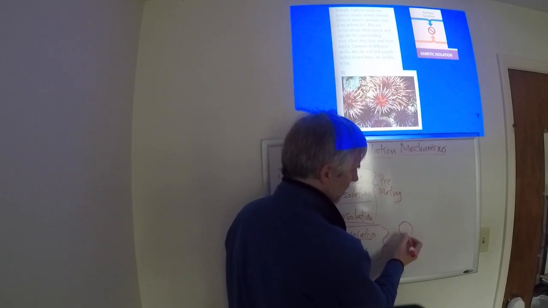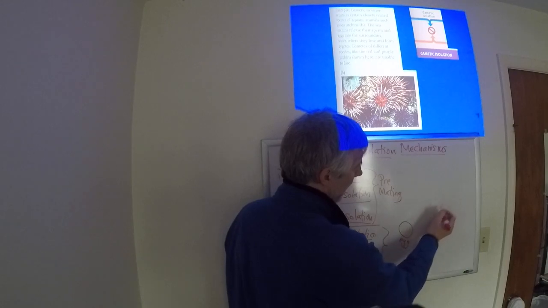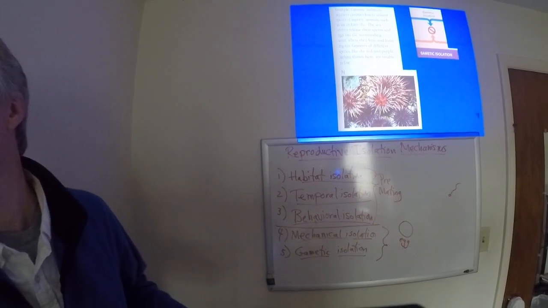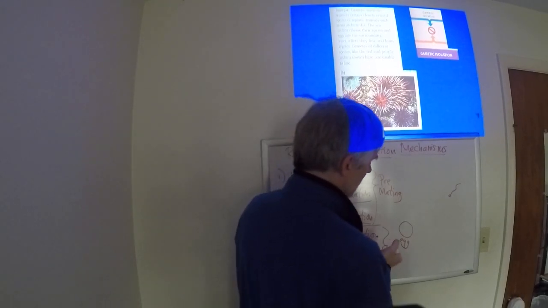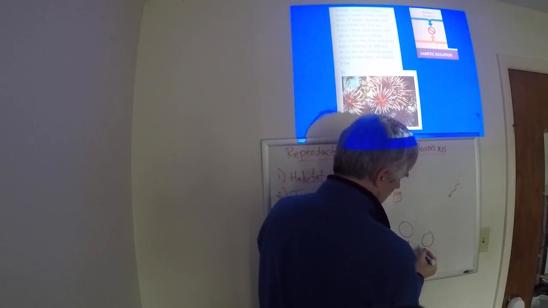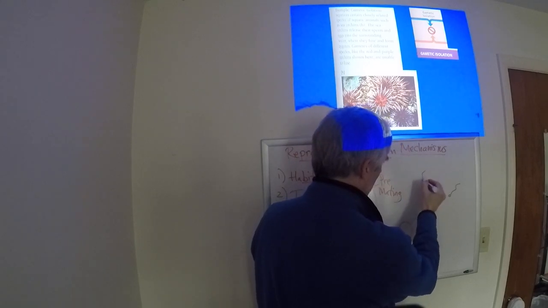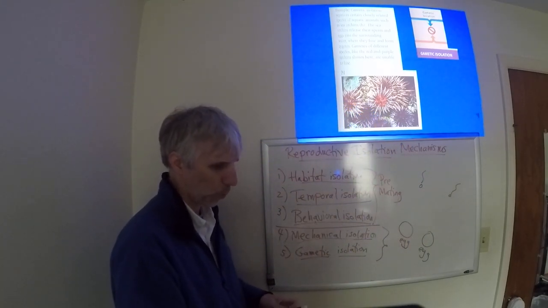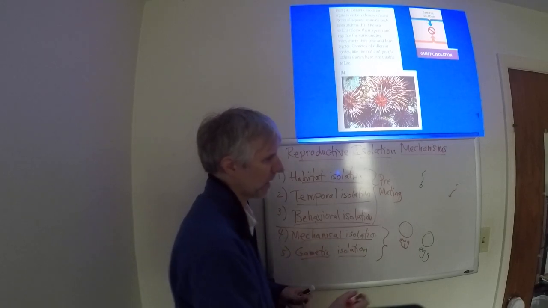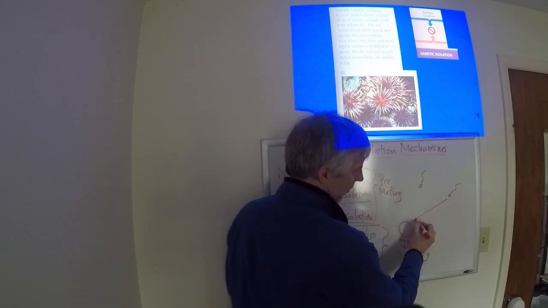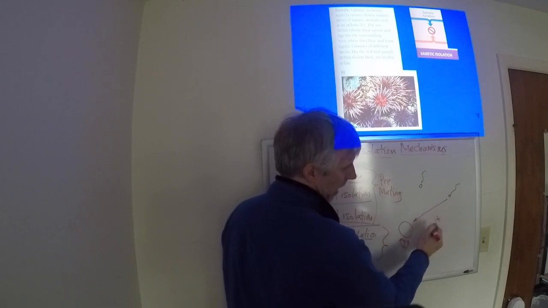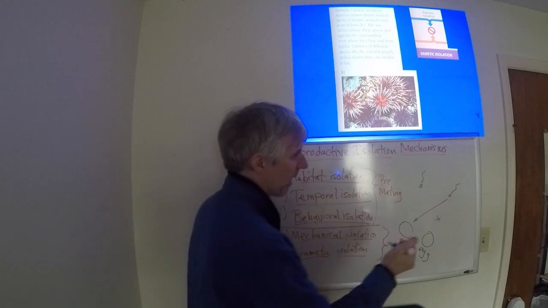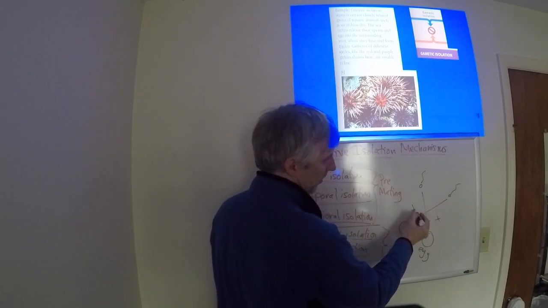So if this is the egg of the red, and that's the sperm of the red, and this is the egg of the purple, and the sperm of the purple, what's the mechanism that makes it so that this fertilizes that one and not this one, and this species fertilizes this egg but not that one?